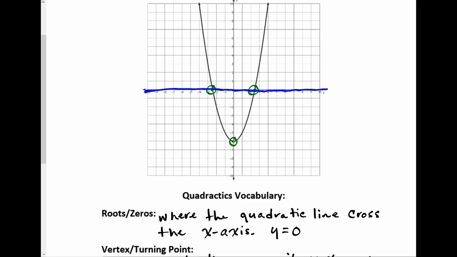It's where the line reaches its lowest point and then starts back up. As you can see, I'll choose a different color. The line starts moving down this way. It hits this minimum and it starts to go back up. So the turning point or the vertex is this point. And then these are the roots.